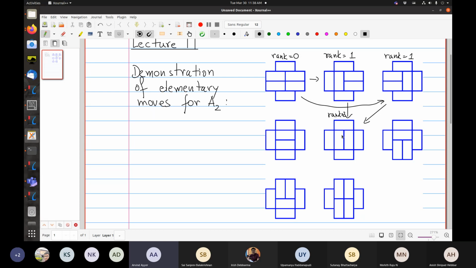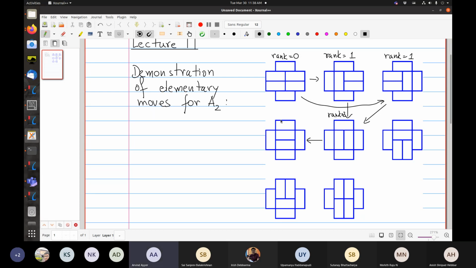This was the minimum. So you might have naively thought that you would only flip horizontals to get verticals at each step, but that's not the case. So here you actually have to go the other way around.